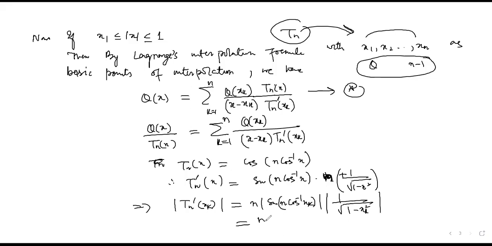So this is just n divided by positive square root of 1 minus xk square.